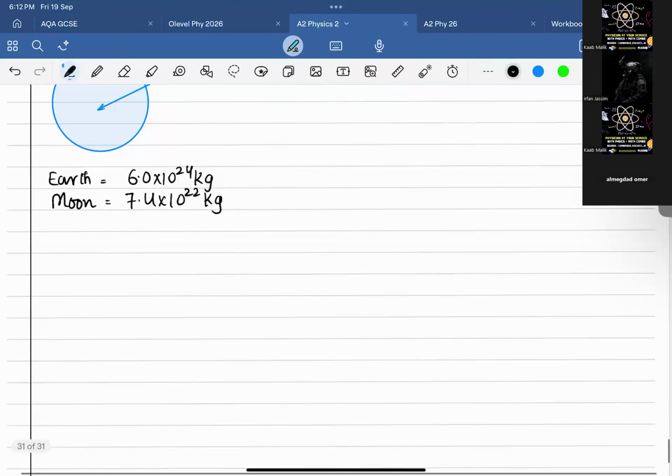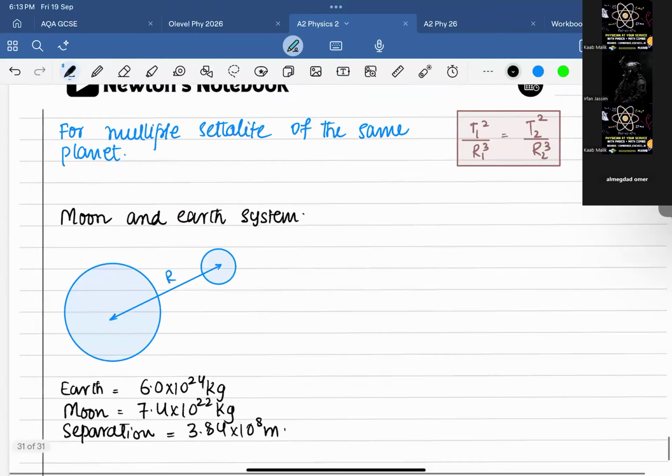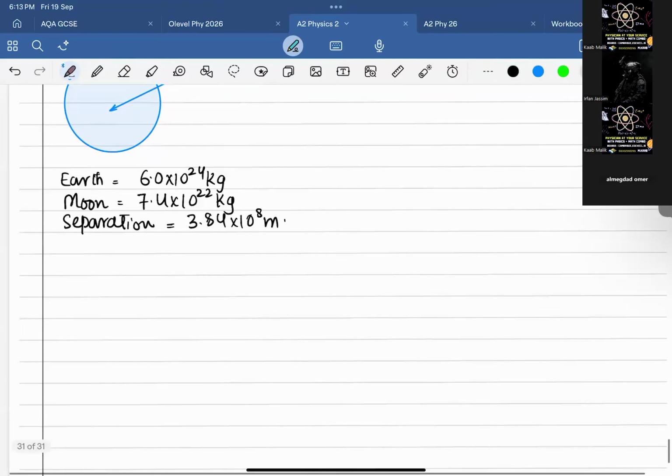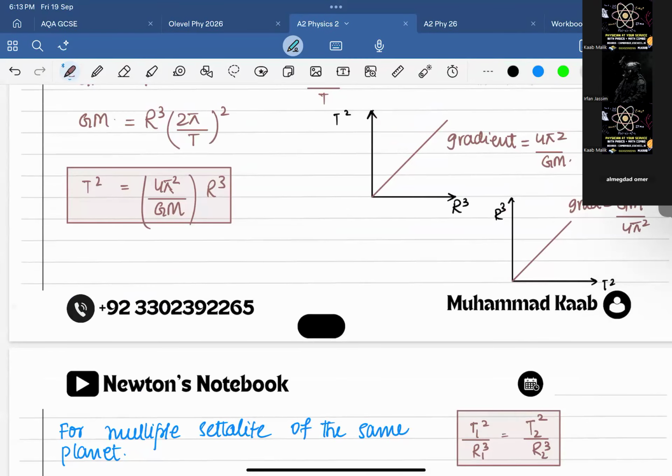The separation between them is 3.84 times 10 to the 8 meters. You have to use the equation and find the time period required for the Moon to complete one orbit around the Earth.